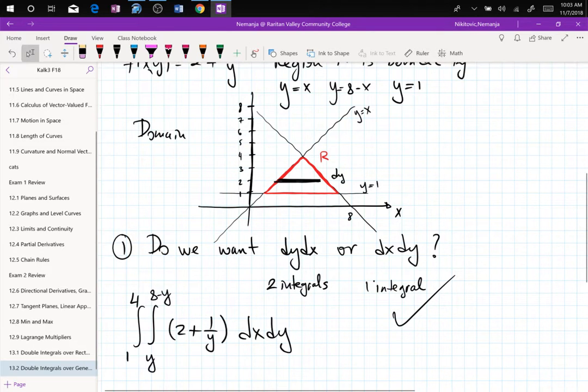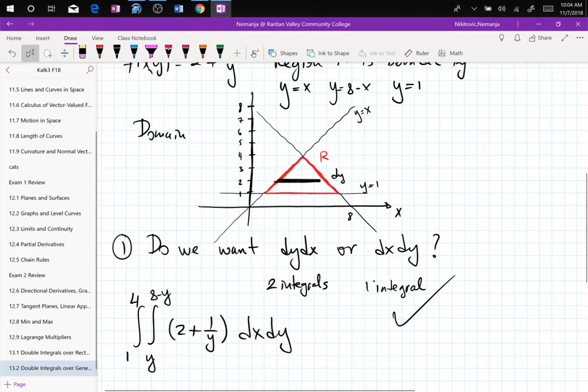So we went through the analysis and we figured out that it's better to have dx dy because that gives us one integral only. We put dx dy there. As soon as we put dx dy there, that means that these are y limits. So y limits, you are looking at the y going up. So the lowest the dy can be is at 1, and the highest it can be is at 4. So 1 to 4.